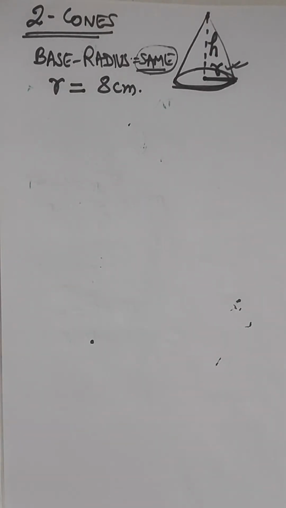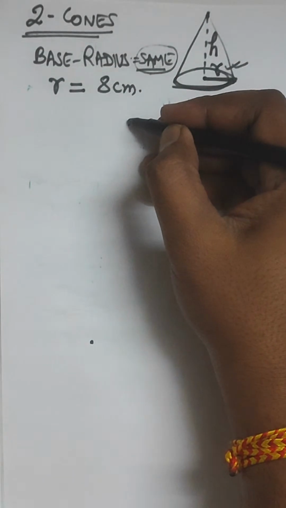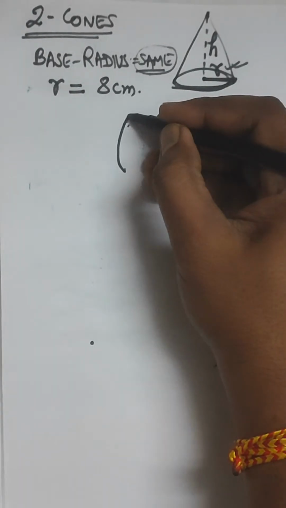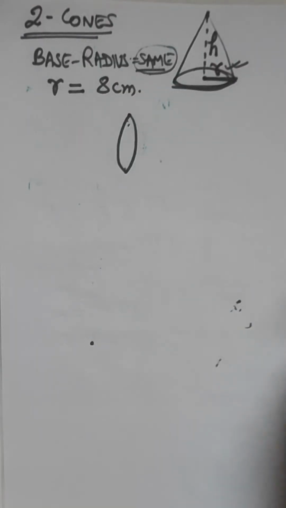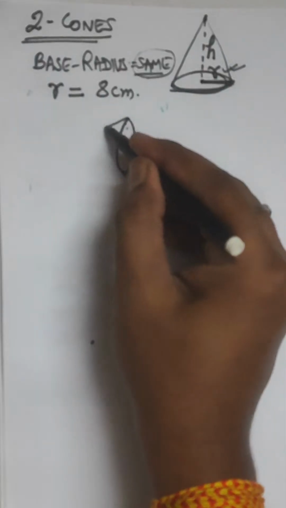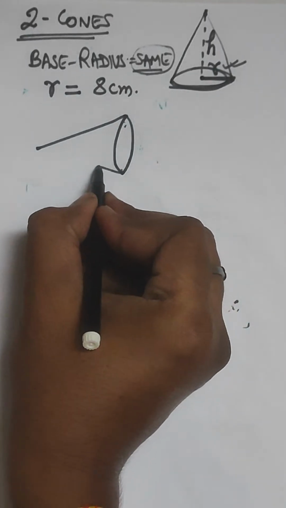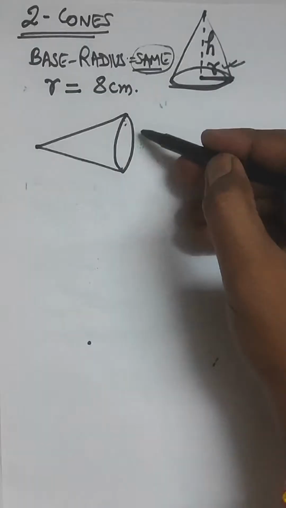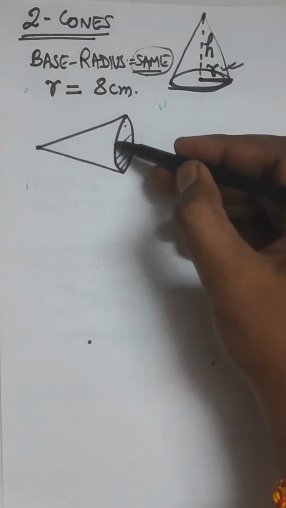Now, they are joined together along their bases. So let us turn the cone, and if this is the base of the cone, and one of the cones is lying like this, along the bases, this is the base through which they are joined.